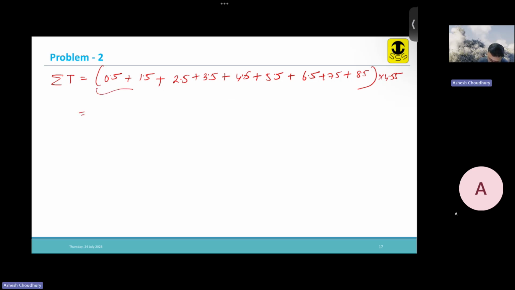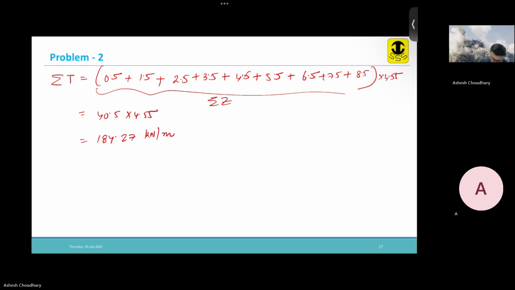Okay. This is summation Z. Right? This will be 40.5 into 4.55, 184.27. Okay, now what is my PA?